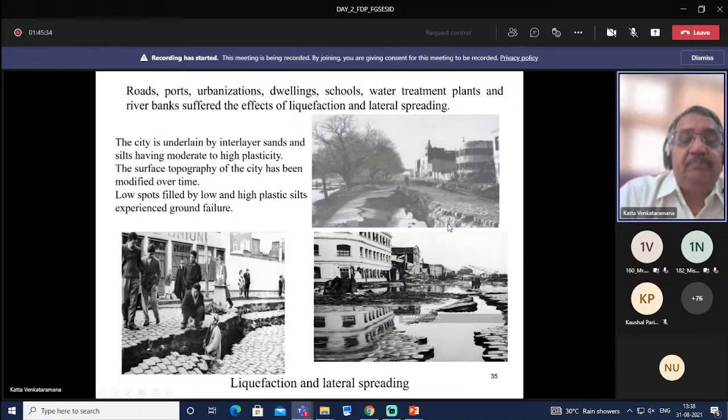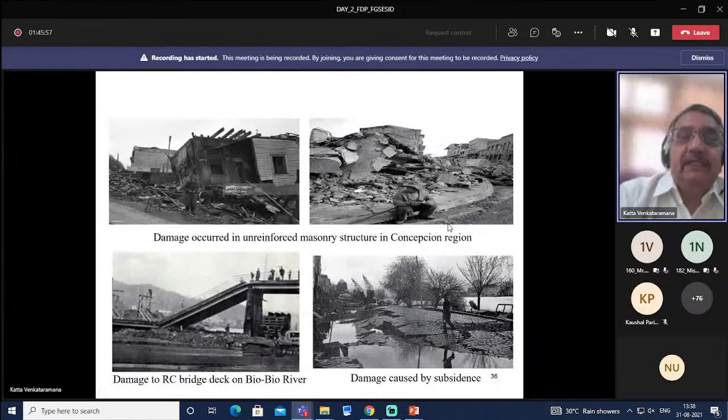Person is standing. The city is underlain by interlayer sand and silts, having moderate to high plasticity. The surface topography of the city has been modified over time. Low spots filled by low and high plastic silts experience ground failure.